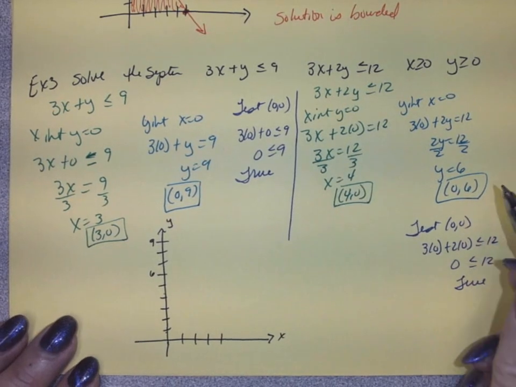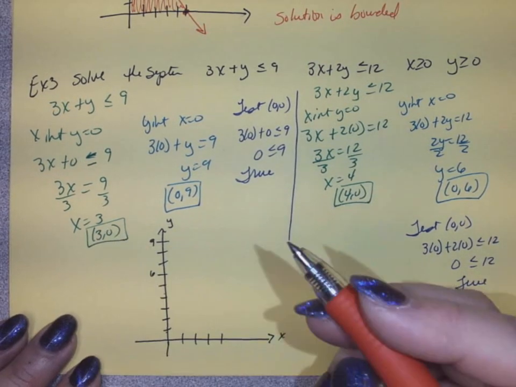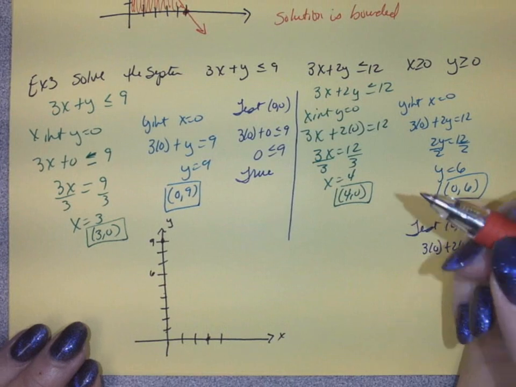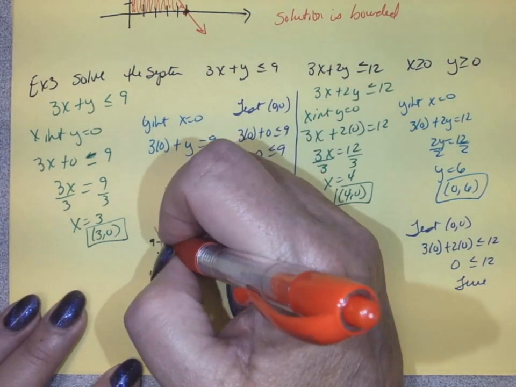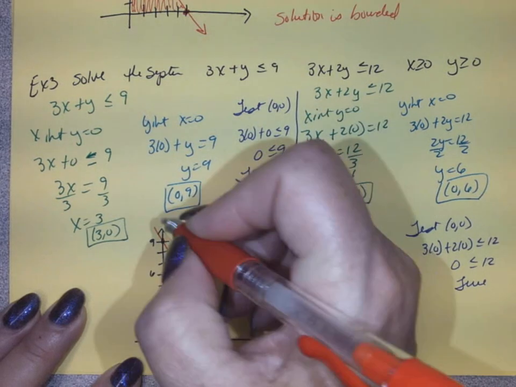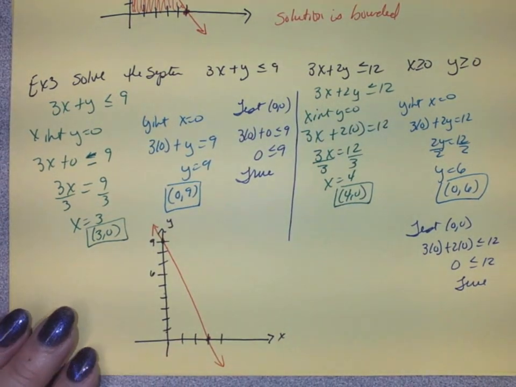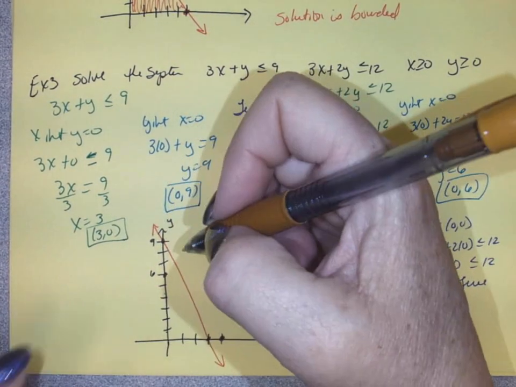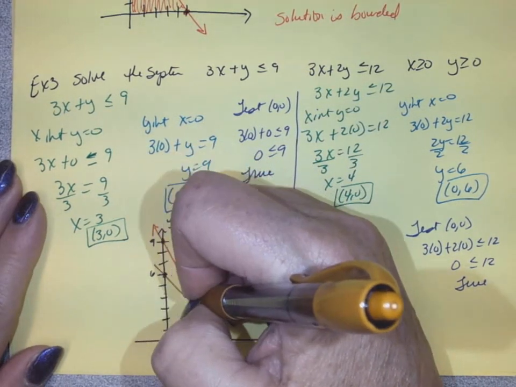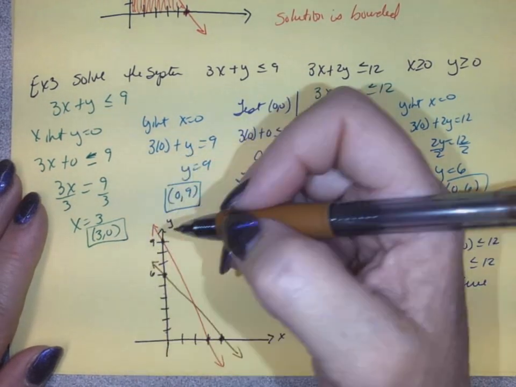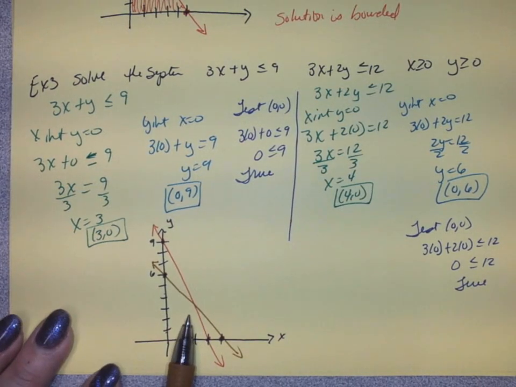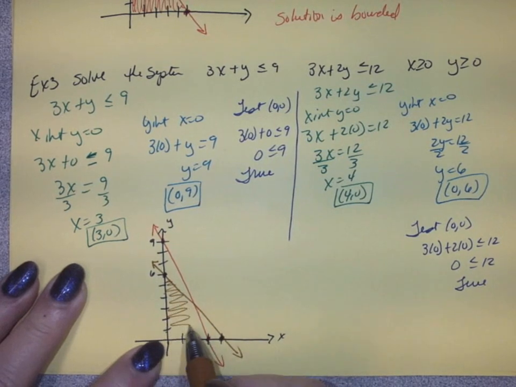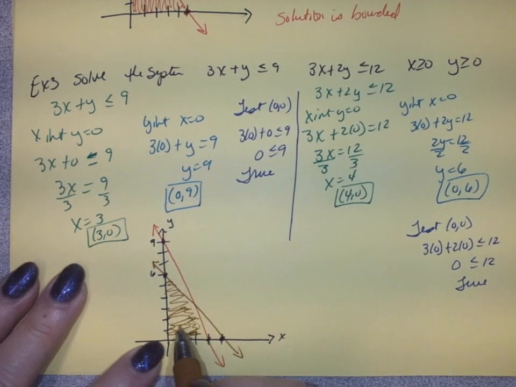All right, so for our first line, we have x equal to 3, y equal to 9, and again, they both got the equal part, so they will be solid. And for my second line, I have 4, 0 for the x and 0, 6 for the y. And it's true for both here and here, so that tells me this will be my shaded area.